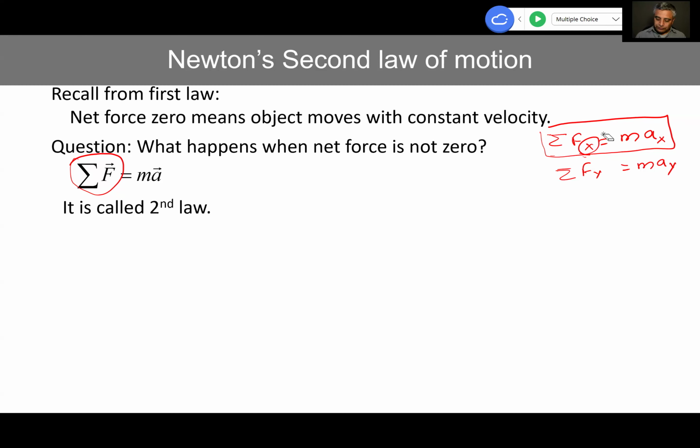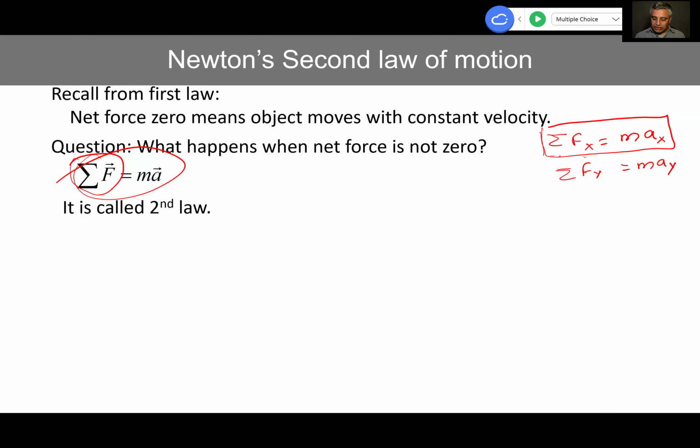Okay? So that's how you want to read Newton's second law. Sum of forces in a direction is equal to the mass times the acceleration in that direction, or net force in a direction is equal to mass times acceleration in that direction. So that's how you want to read it.